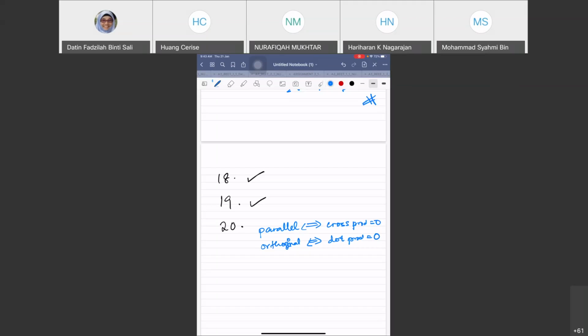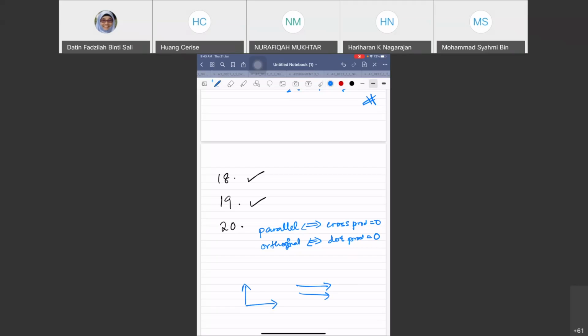Is it possible? Does it make sense? No, right? Because parallel means going like this. If two vectors are orthogonal, one goes like this, another one like this. So you cannot have these two vectors orthogonal and at the same time parallel. So it's not logical, it's illogical.